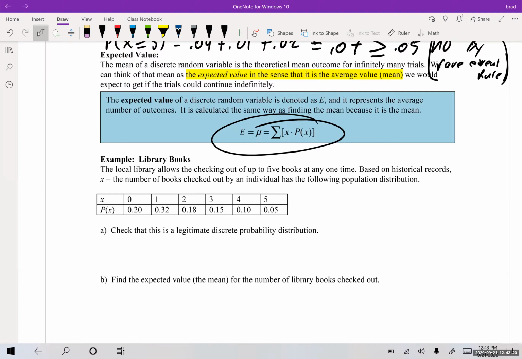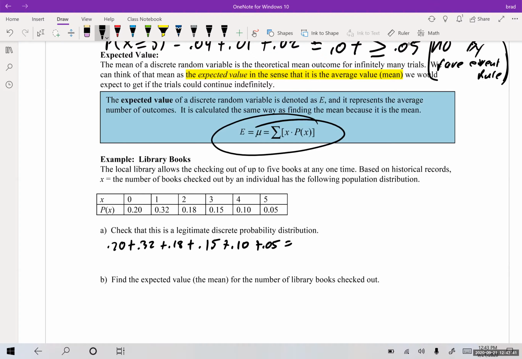So it says the local library allows checking out up to 5 books at any one time. Based on historical records, X equals the number of books checked out by an individual has the following population distribution. Check if it's legitimate first, okay? So we're gonna add all these up, 0.20 plus 0.32 plus 0.18 plus 0.15 plus 0.10 plus 0.05.